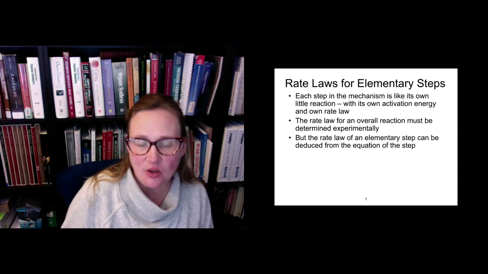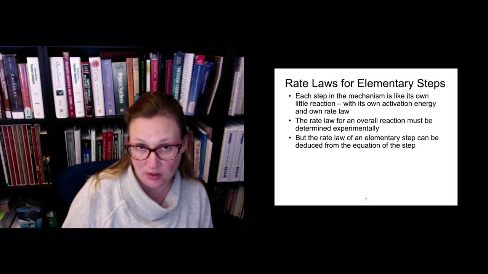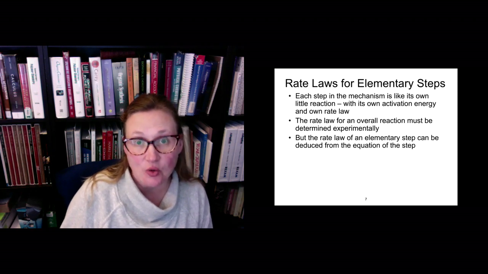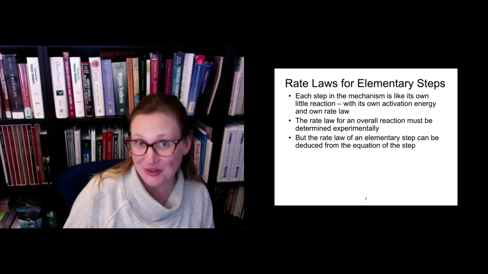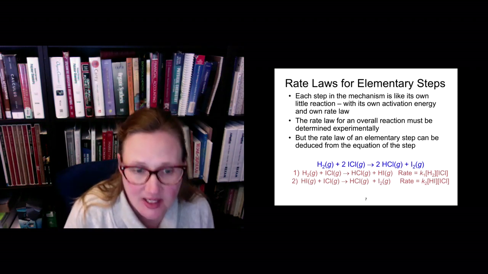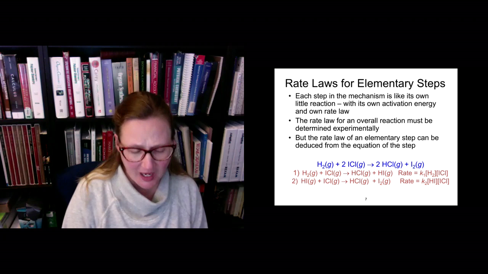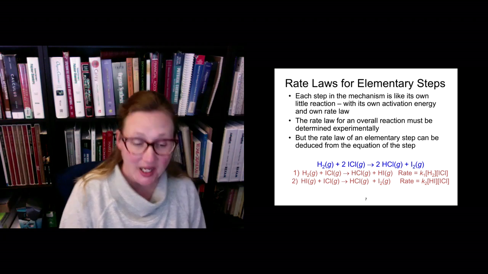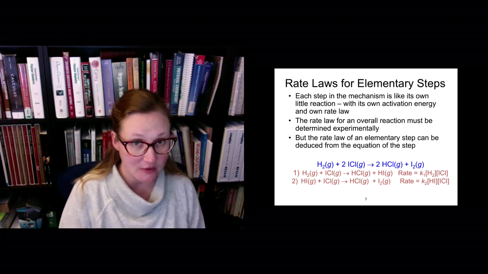And we're going to see that the rate law of each elementary step can be deduced from the equation of the step. Here we're just counting molecules, and I'll show you what I mean. If I look at each of these elementary steps, I have one H2 molecule and one ICl molecule in the first step.